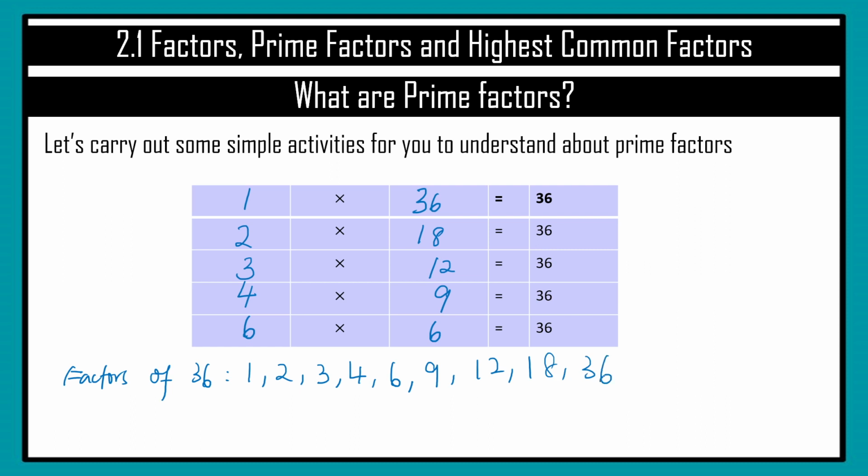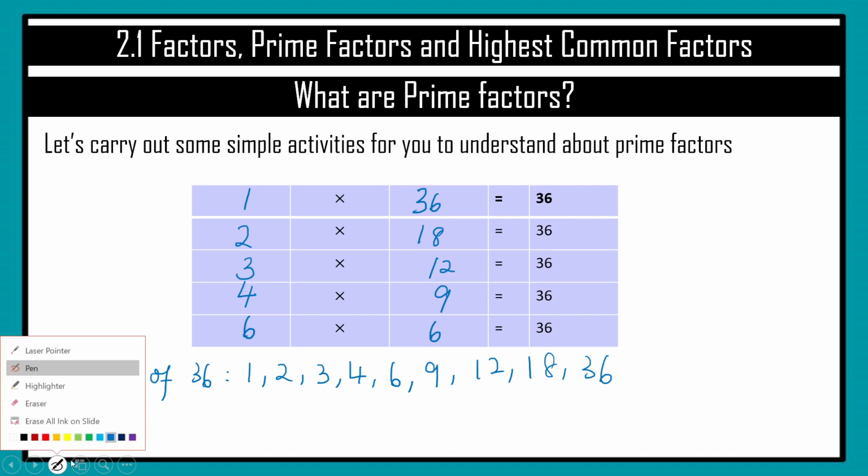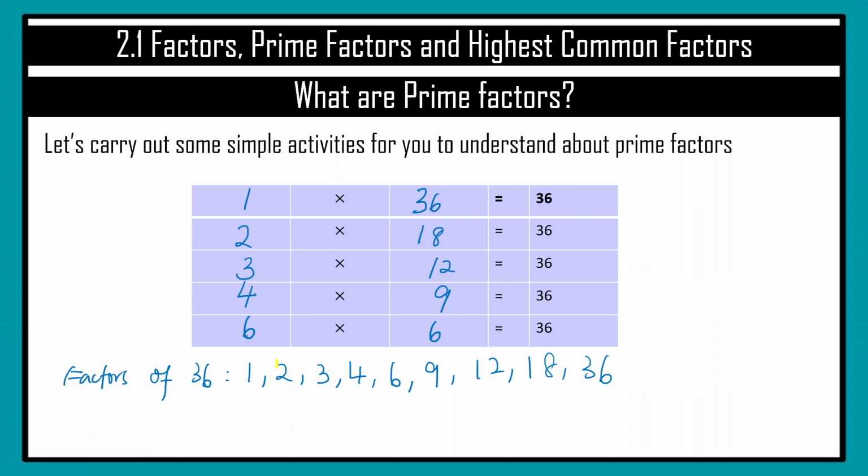Remember, prime numbers are mostly odd numbers except for the number 2. So our prime factors will be 2 and 3.